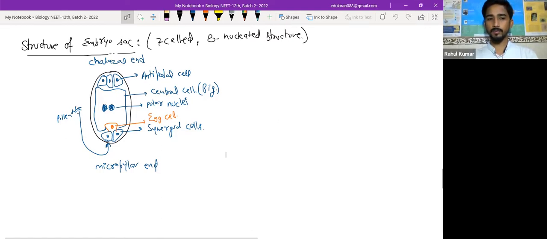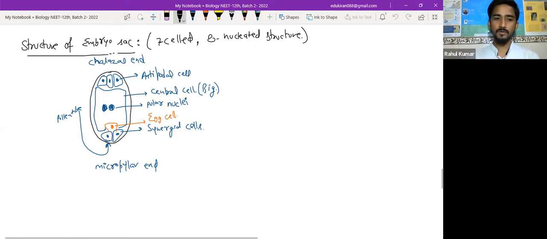And the pollen tube or the male gamete enters from this end. From where it enters, there is something called the filiform apparatus. This filiform apparatus is present towards the micropylar end. It's not very important to understand the sac, but it can be asked as a question, so you should know it.